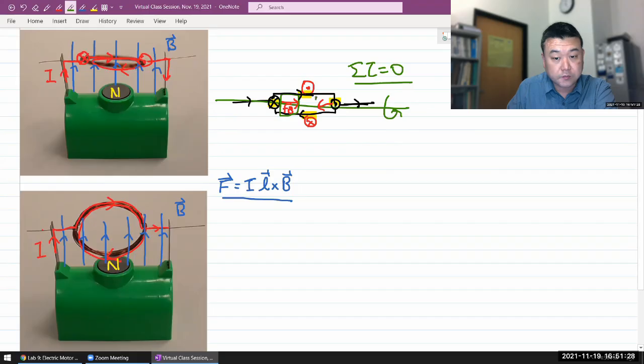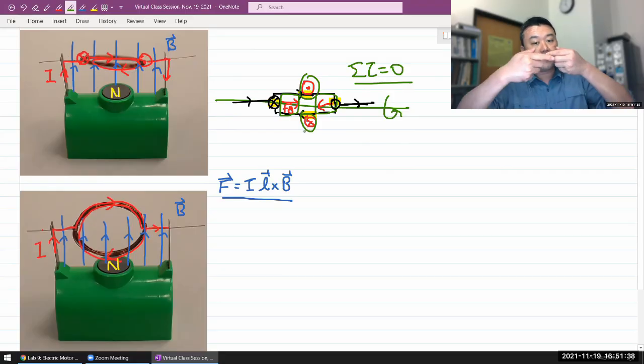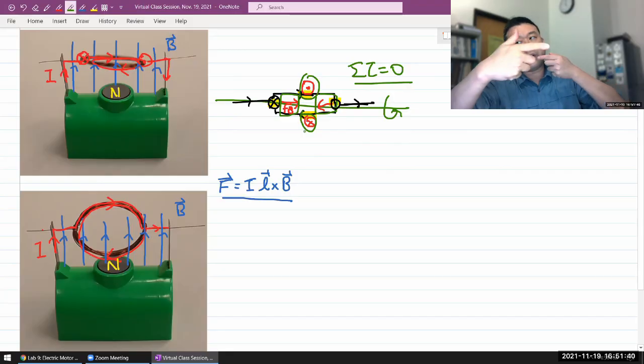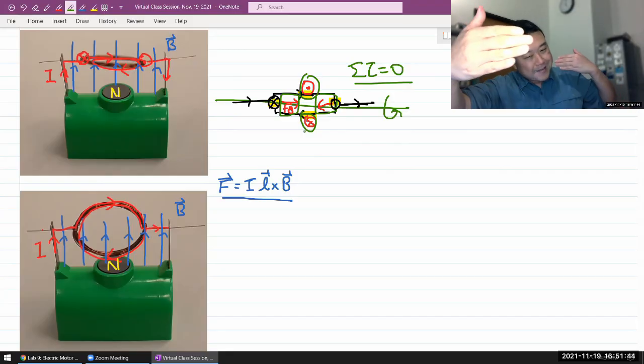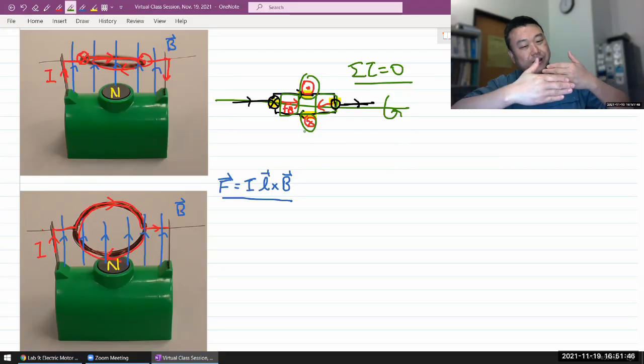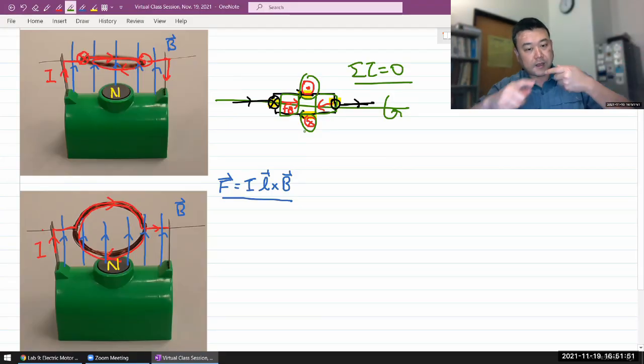These two forces were never going to cause any torque. And these two forces, if this loop is horizontal, have a lever arm of 0. They're just compressing the loop in this way, but they are not causing it to rotate.